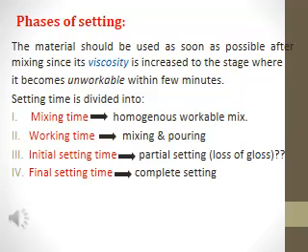How could I notice that the material is in the partial setting stage, or the initial setting stage? This can be practically observed by observing the surface of the mix. At the beginning, after mixing, you find that the surface of the mix is glossy.